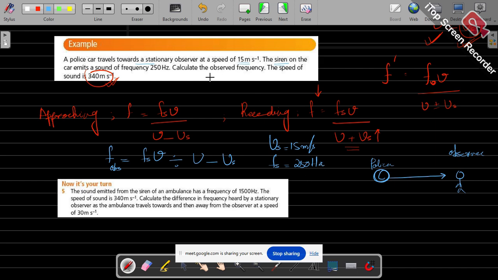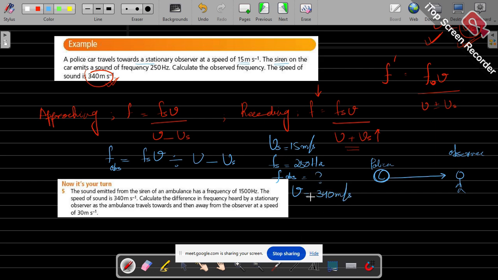Now they are asking you to calculate the observed frequency, which we know is going to be different from 250. And I know it is going to be greater than 250 because the source is coming towards the observer. I have to find out this observed frequency, and they have already mentioned that the speed of sound in air is 340 meters per second.